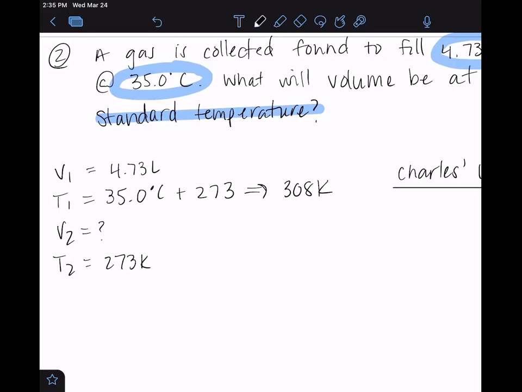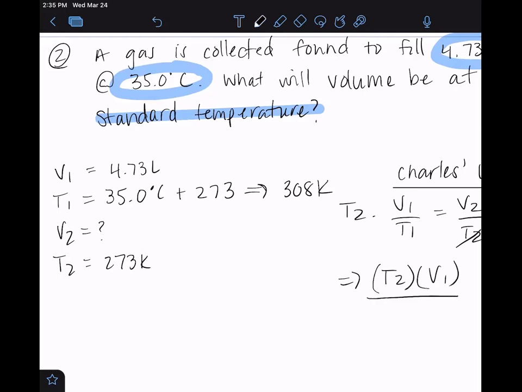Okay, so we know that it's going to be V1 over T1 is equal to V2 over T2. We're trying to find V2, so let's isolate V2 by taking T2 and multiplying it. So our new equation is going to be T2 times V1 over T1 is equal to V2.